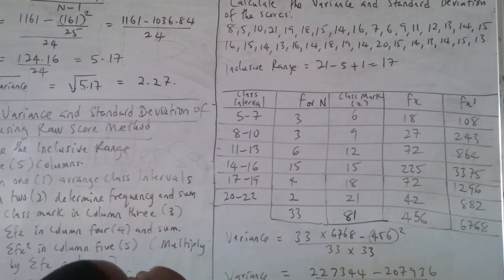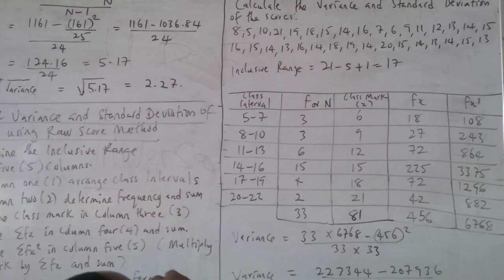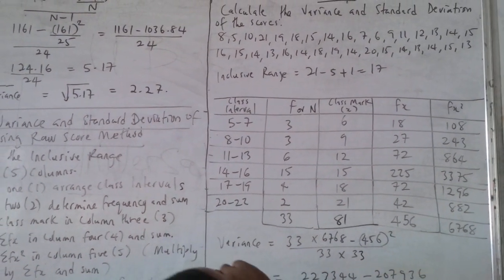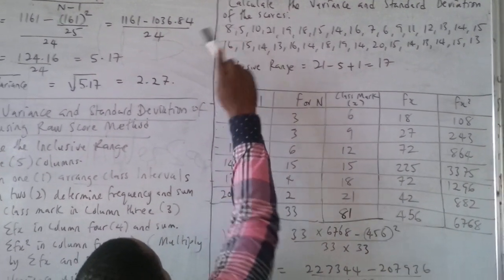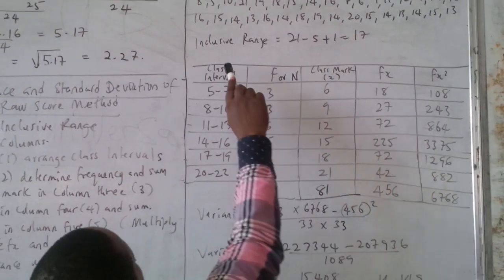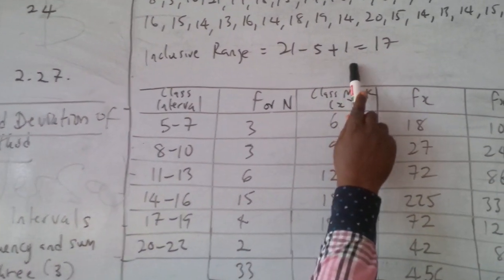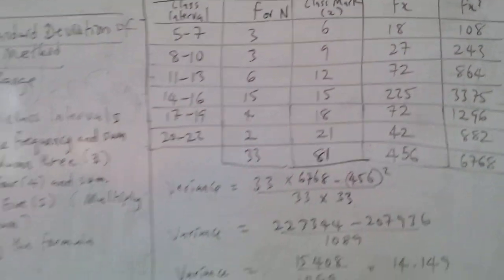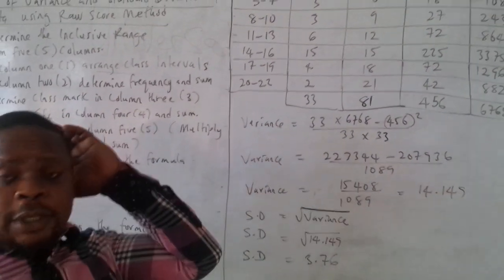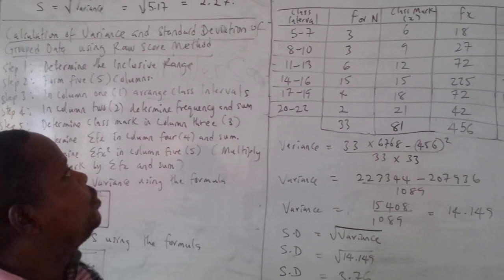While the lowest score appears to be 5, the second score in this distribution. And so the inclusive range is 21 minus 5 plus 1, which will give 17. And of course, you know that 17 is greater than 15, meaning that this data is to be grouped.